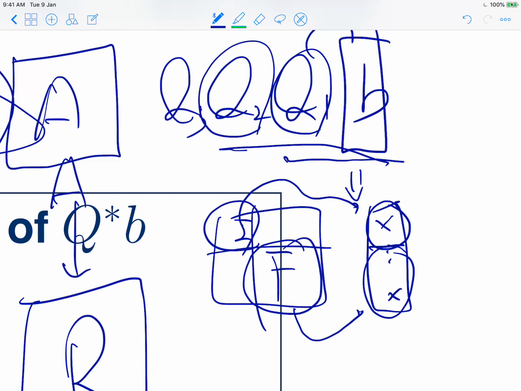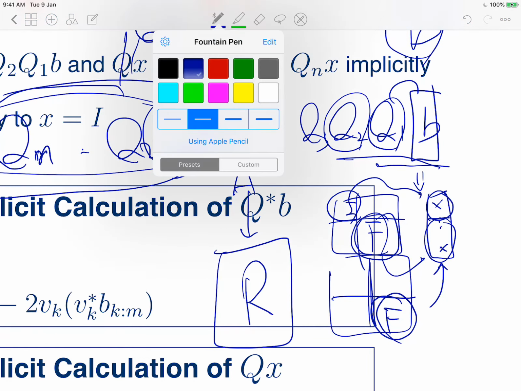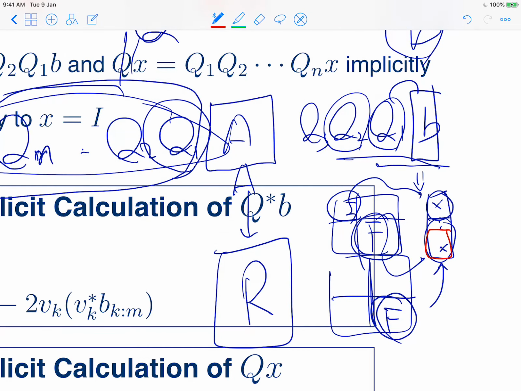And then in the next iteration, we need to embed this F into this smaller region, a sub-block one dimension smaller, and then we multiply that F with the one-smaller vector, right?